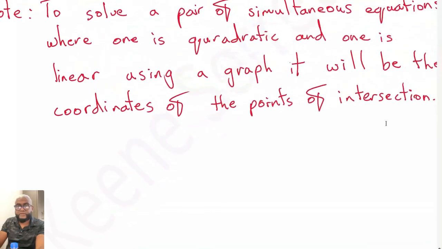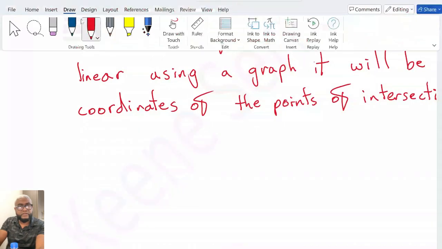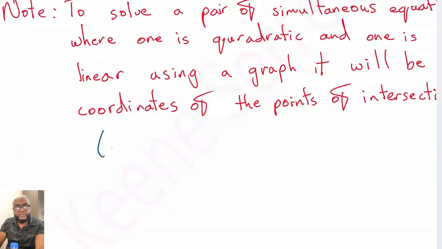All right, we're going to write it down. So the first coordinate for the point of intersection would be 5.5 on the x-axis and 0.2 on the y-axis, and 0 on the x, 3 on the y.